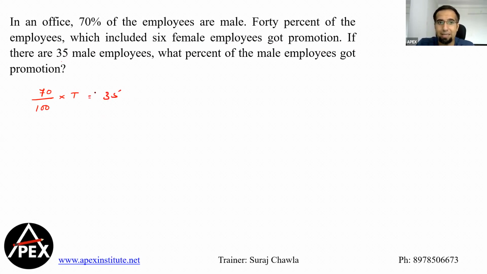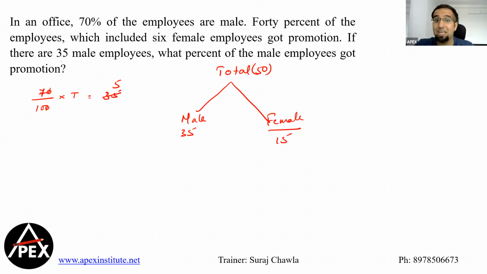So if you calculate this, you get the total number of employees. The total number of employees are 50, out of which 35 are male, and the female employees are 15.